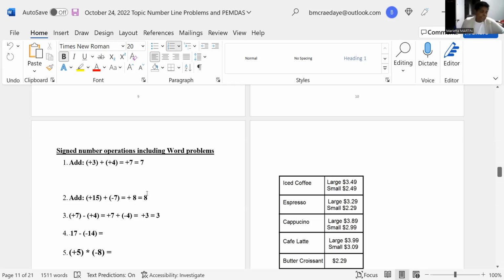Okay, now here's another subtraction. So here we go again. We take the 17, keep that a plus, and the -14 becomes a +14, right? We change the sign, so that becomes a plus 14.